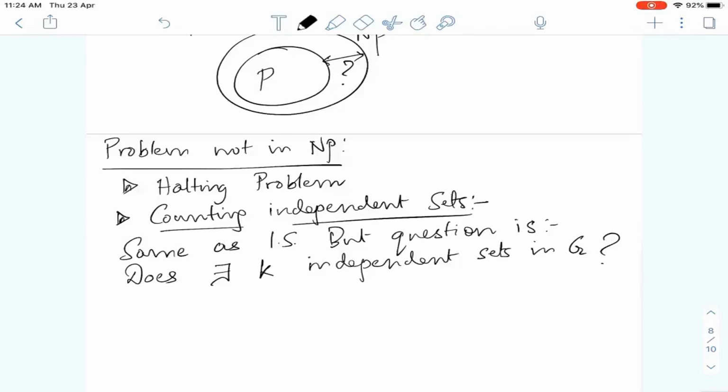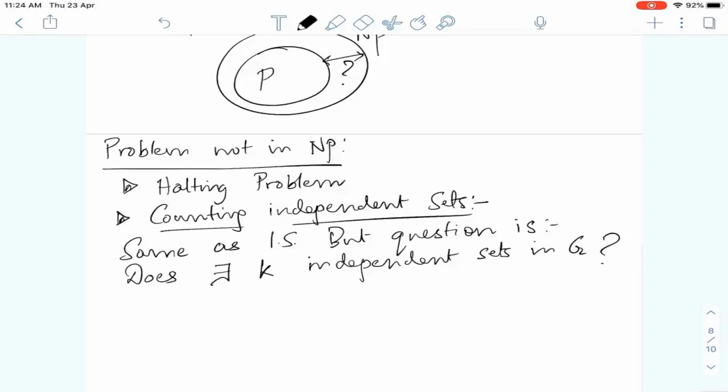But remember, the definition of NP means that the verifier has to run in polynomial time. If you check all possible subsets, then this is not polynomial time. This is very important. If a problem has to be in NP, then the verifier has to run in polynomial time. Please keep this in mind. This is the only thing that you have to know about NP problems. Lakshya, does that answer your question?